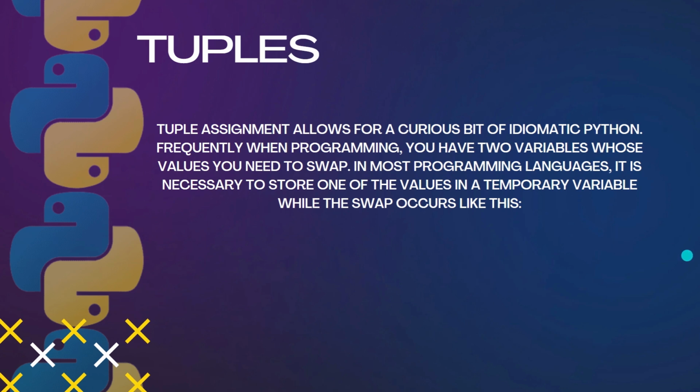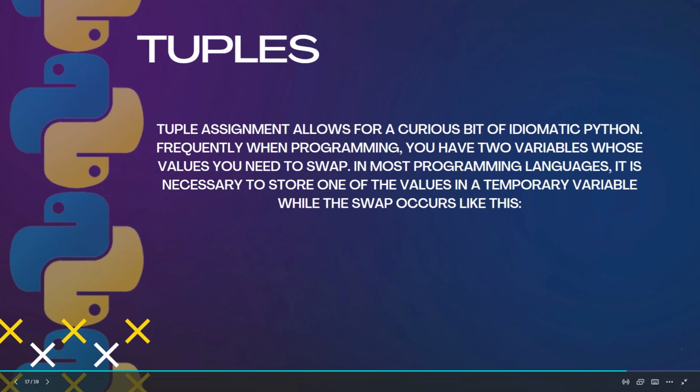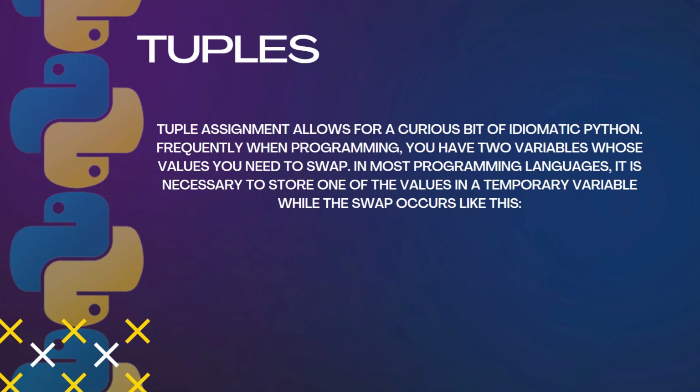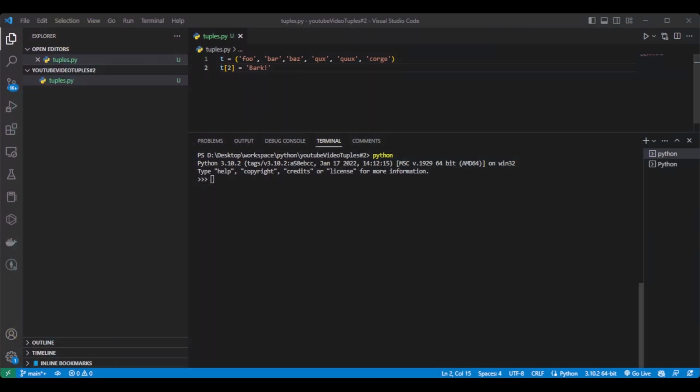So if we create a variable called a and put this string in it, and variable b, and now if we see what's inside of each variable, it's like a tuple.